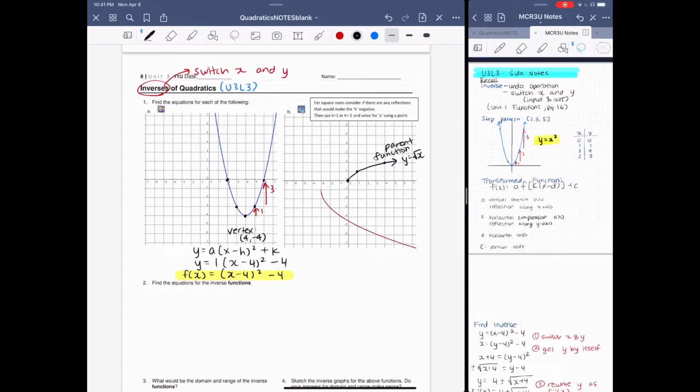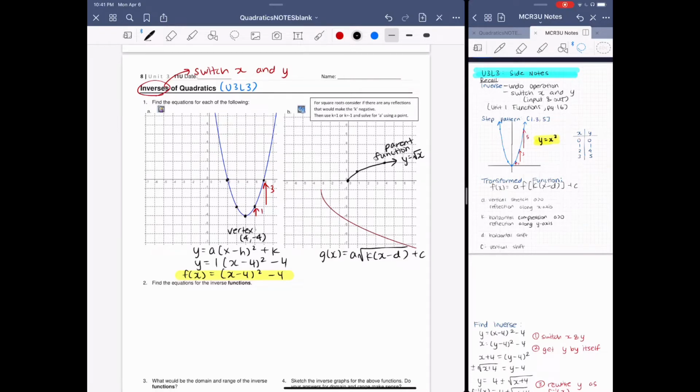Okay, so the equation for the transformed function of a square root function is g of x equals a bracket, square root of k times (x minus d) close bracket, plus c. I need to figure out what my a, k, d, and c are.